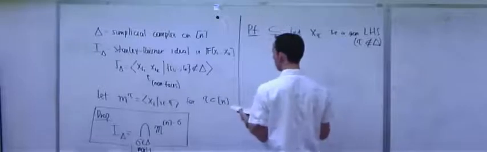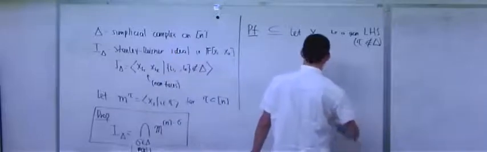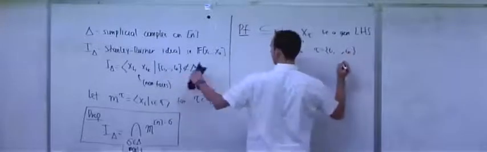Tau is not a face. By the way, I'm using a bit of notation here that I haven't introduced, which is that x sub tau is equal to xi1 up to xik, where tau is equal to i1 up to ik. And by definition, that guy is not in that.